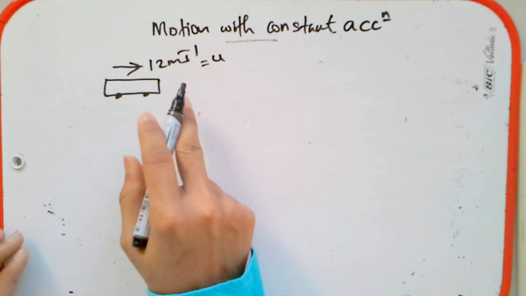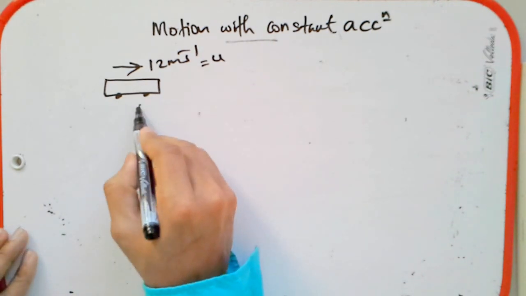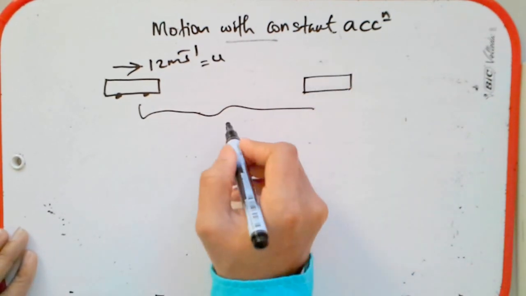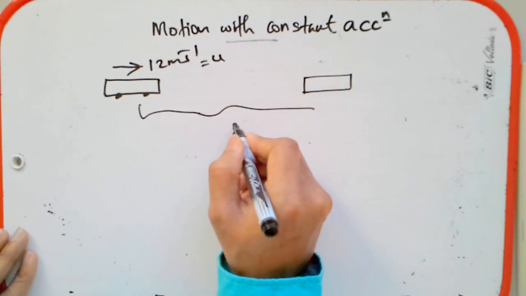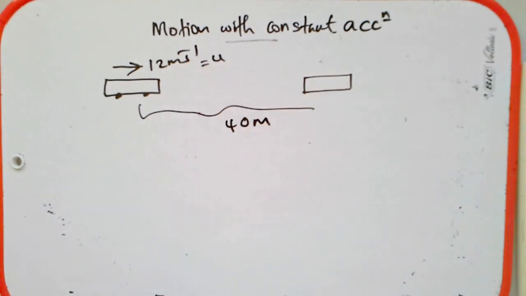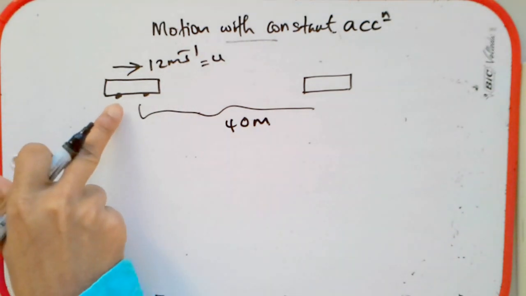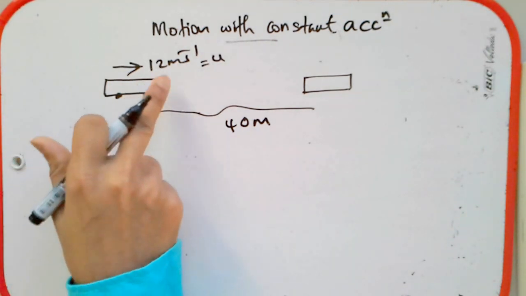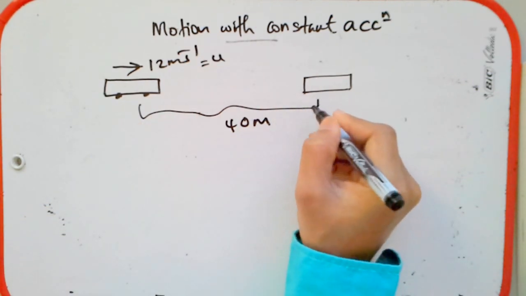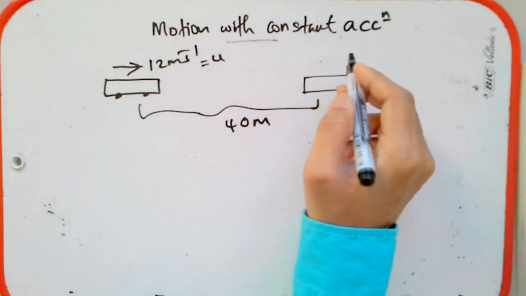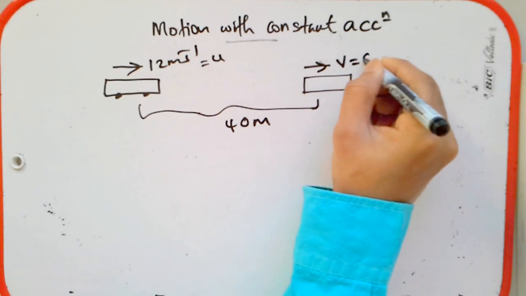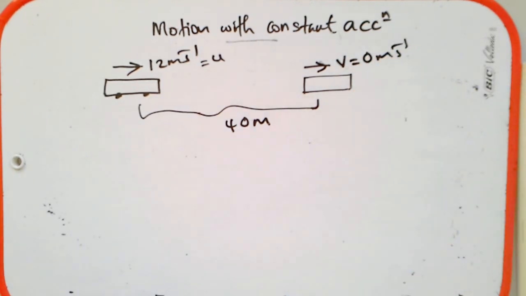So this car is brought to rest over a distance of, let's say, 40 meters. So this car initially was traveling with 12 meters per second, and after 40 meters this car comes to rest. What do you mean by this? This means the final speed of the car is 0 m/s.